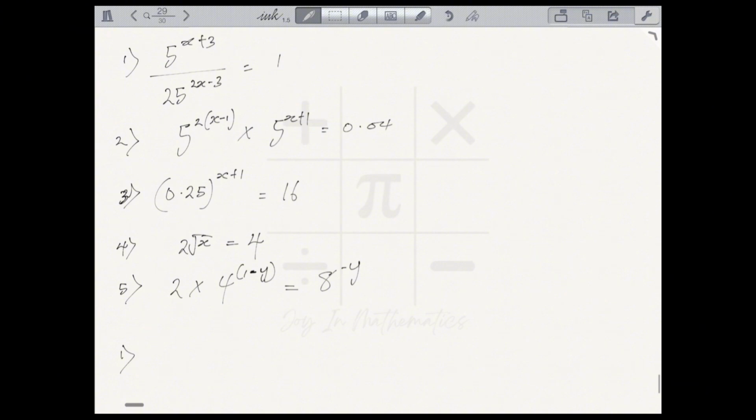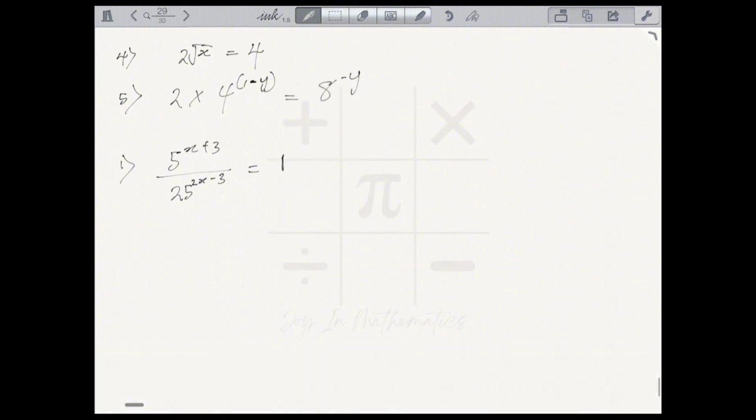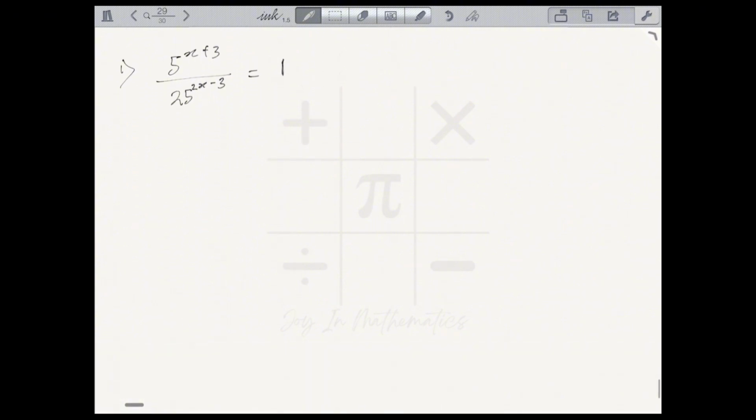That says 5^(x+3) divided by 25^(2x-3) is equal to 1. Now, just like normal solving, the first thing we can do here is cross multiply so that we can grab a full picture of it.